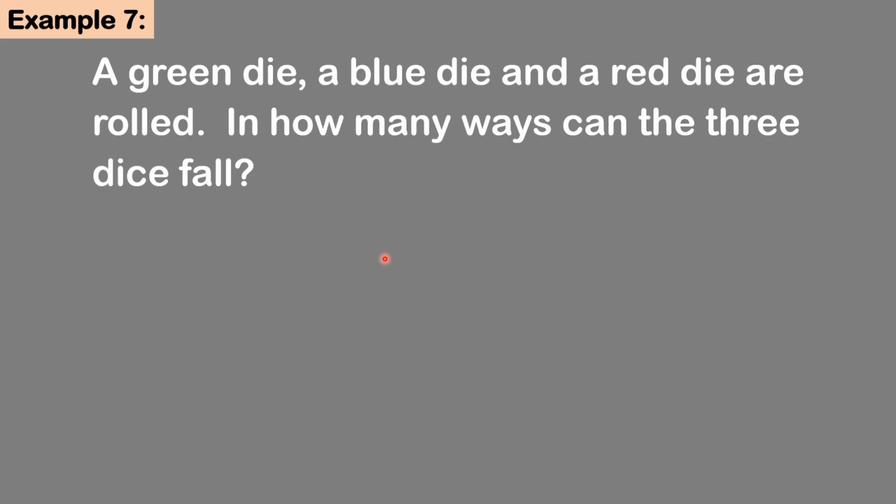When you toss each die, there are 6 possible outcomes. Since the dice are independent of each other, we need to multiply the number of possible outcomes for each die.